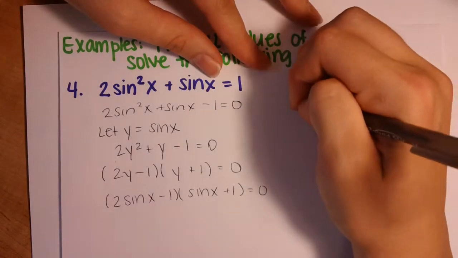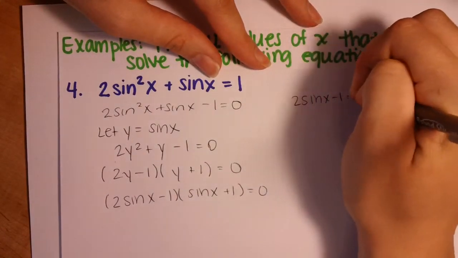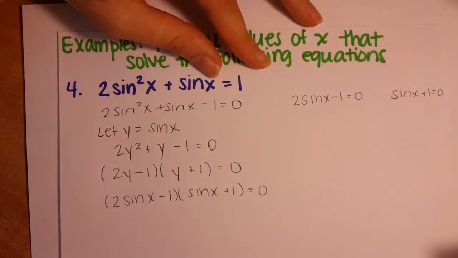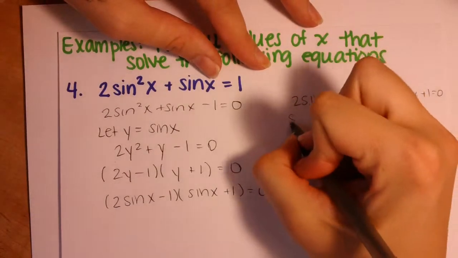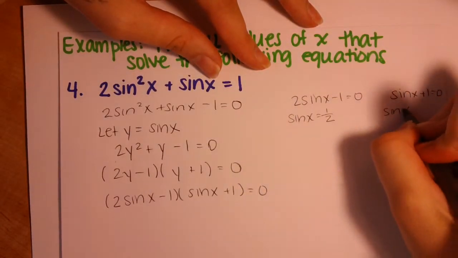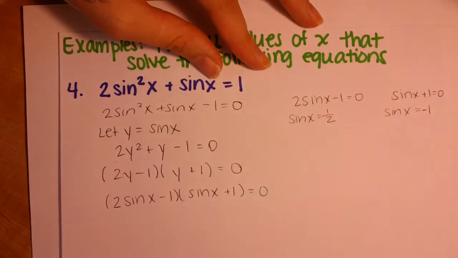So we know that 2 sine of x minus 1 equals 0 or sine of x plus 1 equals 0. And we can solve for sine, so sine of x equals 1/2 or sine x equals -1.